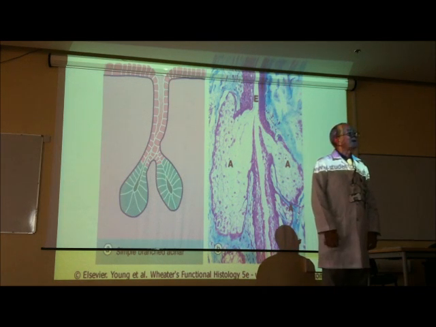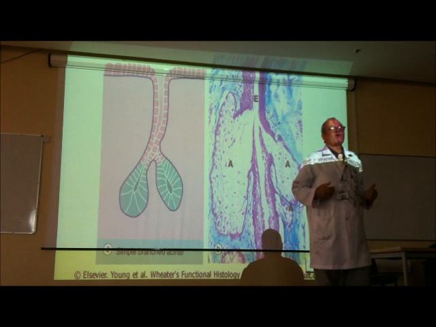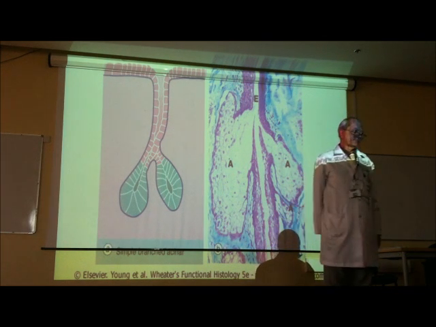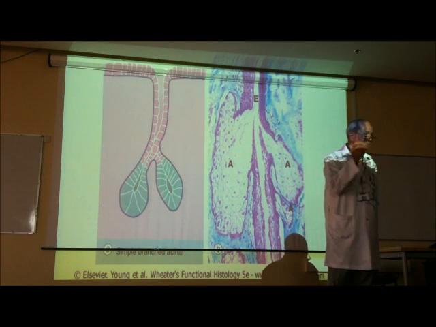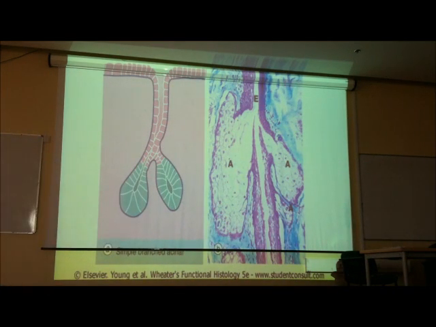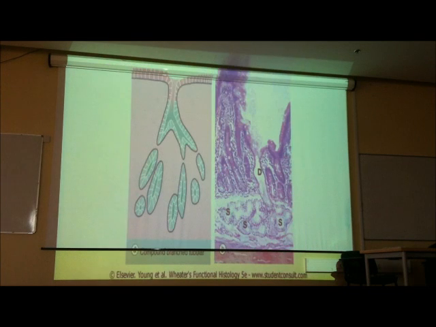Okay, this will be in the skin. The skin was not in your schedule, but you will get it. And I will describe the skin along with the whole lecture, without a separate lecture.